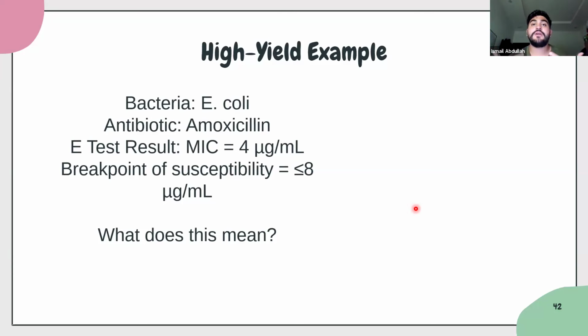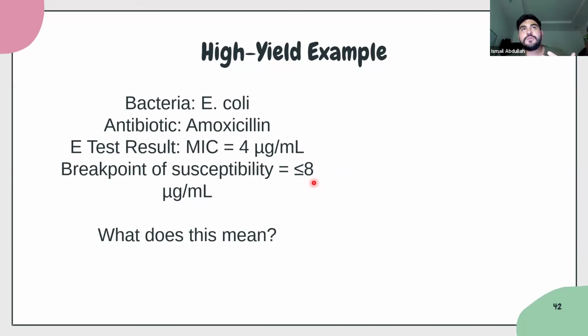Is that clear to you guys? This is very important. Can you repeat it, please? Okay, so our friend here, Yaqub, said that the MIC should be lower than the breakpoint of susceptibility. And yes, this will indicate that the antibiotic is effective in treating E. coli. But here we said that the breakpoint of susceptibility is equal or less than 8.